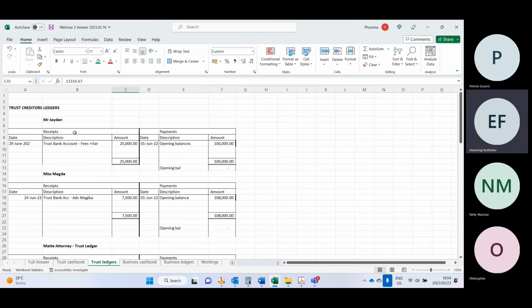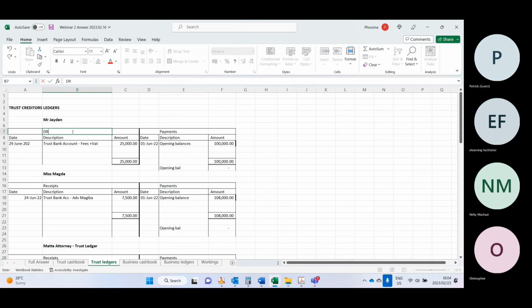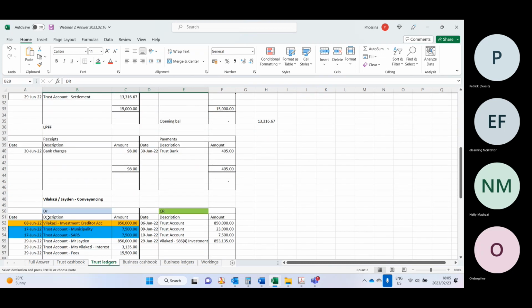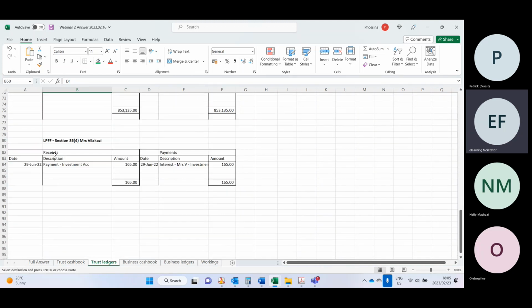Okay, our trust ledgers as well should have debits and credits. Okay, I think the only other thing that I didn't do was to come up with a trial balance.